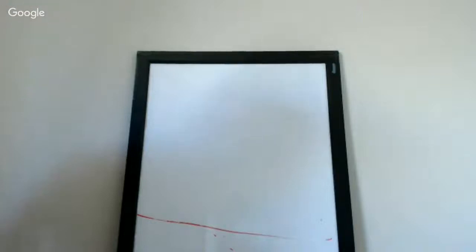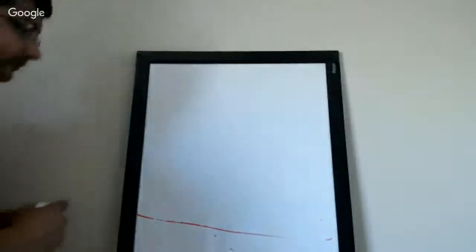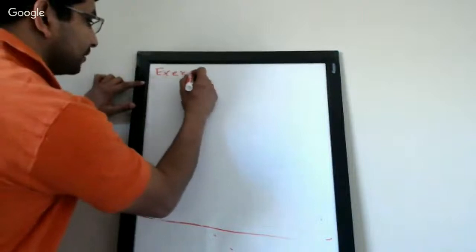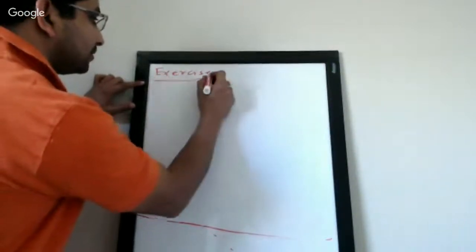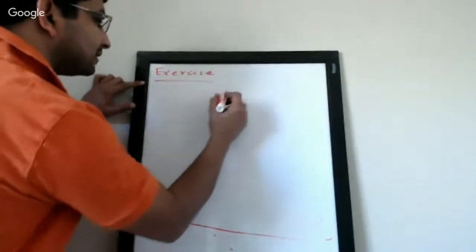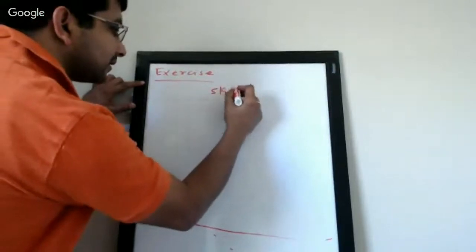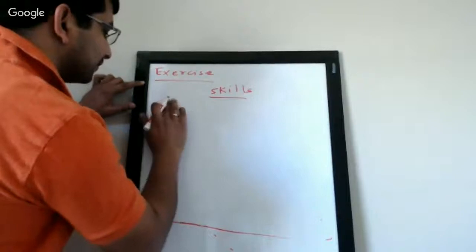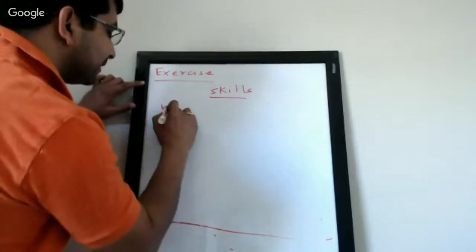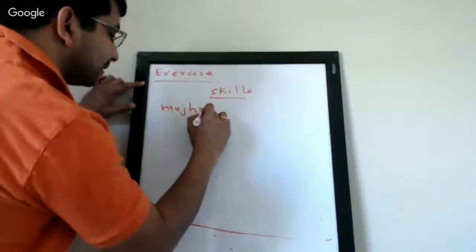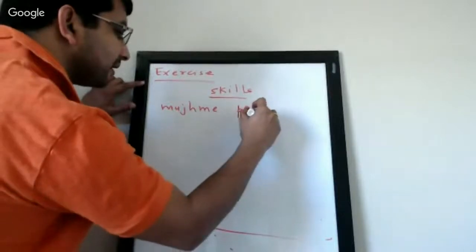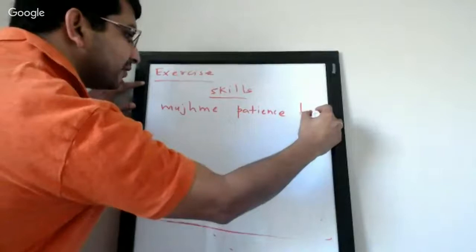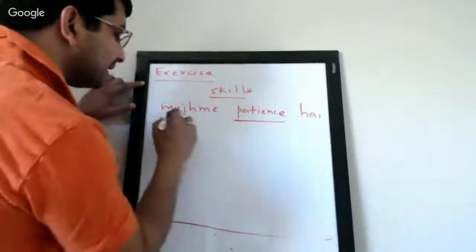So as I mentioned, your exercise here is to use all these skills, right? So use something like, mujhme patience hai. Even if you don't know the Hindi word for patience, you can say mujhme patience hai.